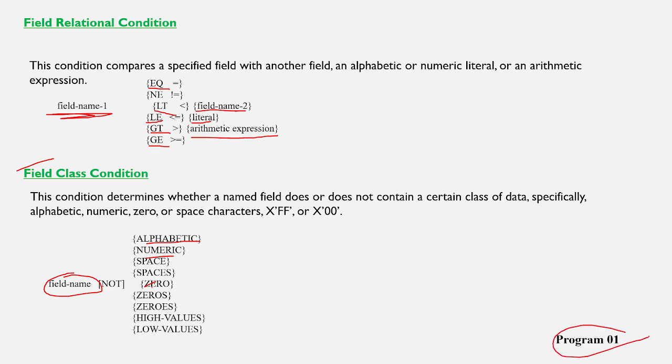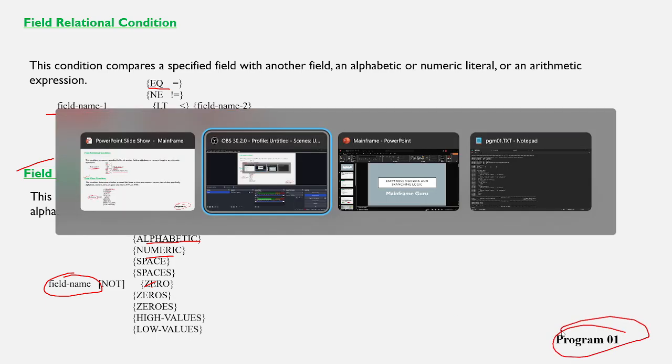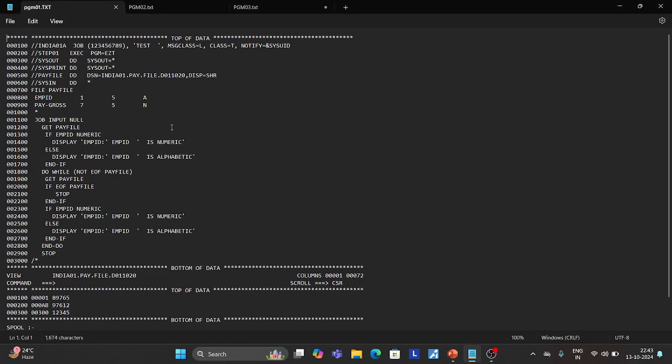Here we have written one program. In the program we can see we are using the EGT utility. And here we have the pay file, and we have mentioned the pay file structure below.